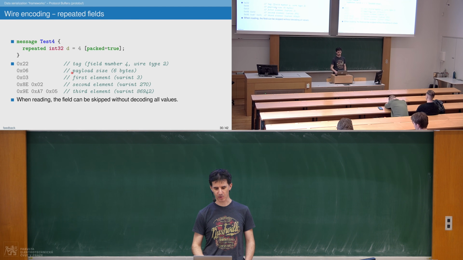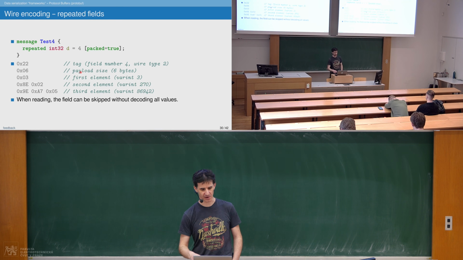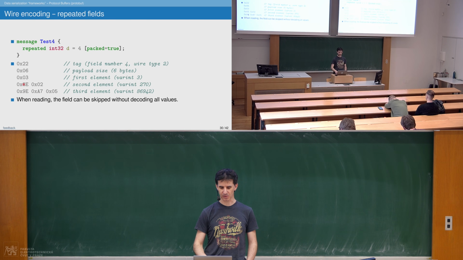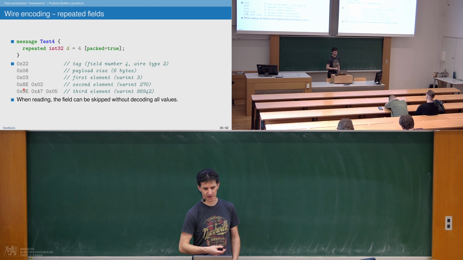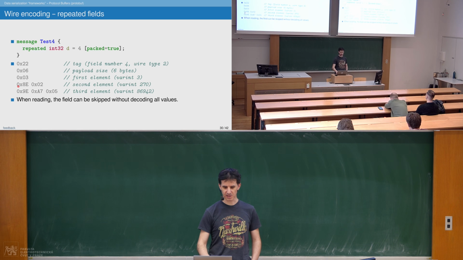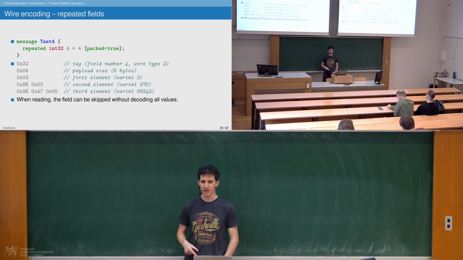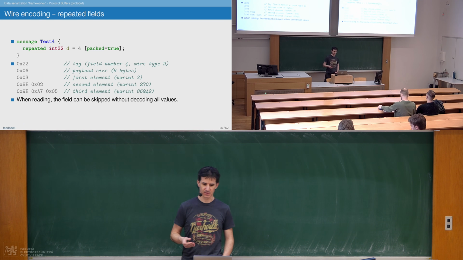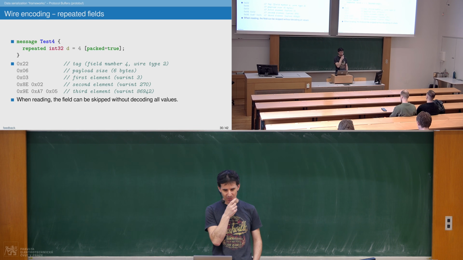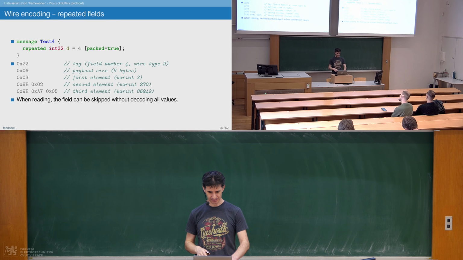Then there is the number of elements in that array, and then var-int encoded elements of the array. As you can see here, some of those elements which are small are encoded as 1 byte. Elements which are bigger, like this one, are encoded as 2 bytes. Even bigger numbers are encoded as 3 bytes. So space-wise, this is quite efficient.